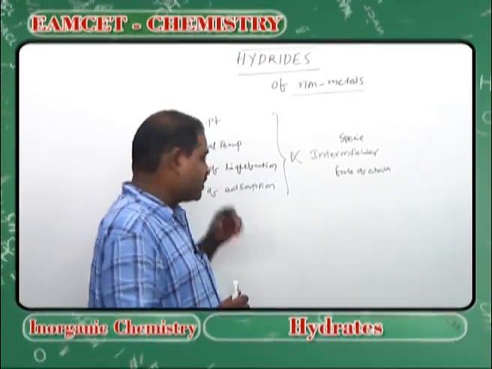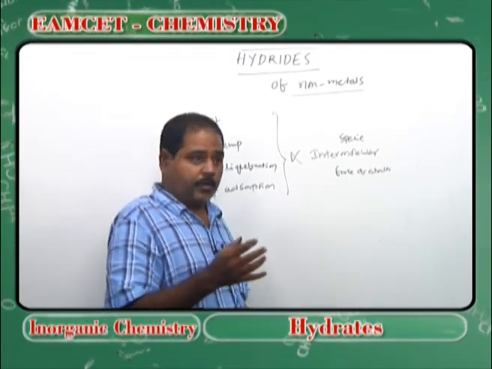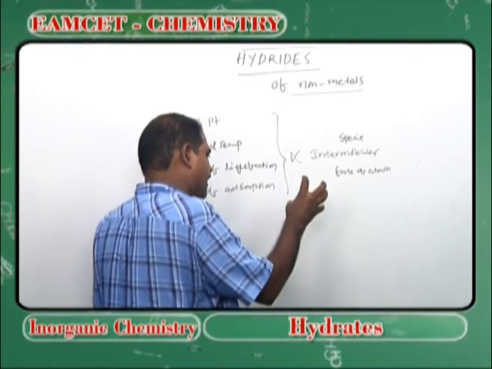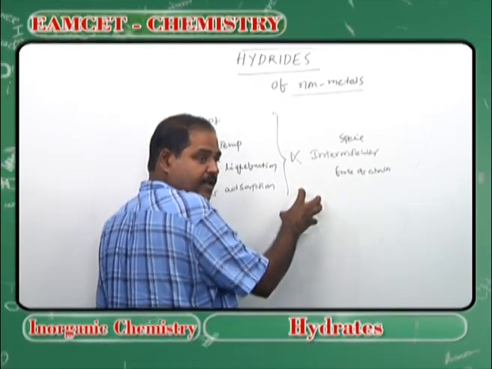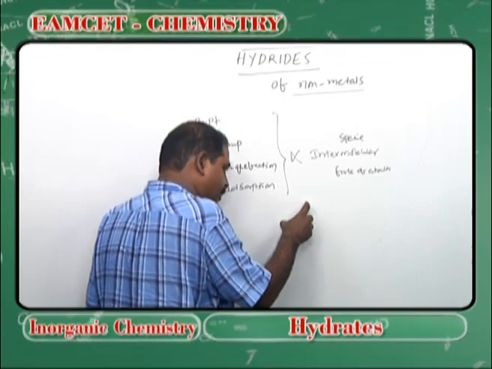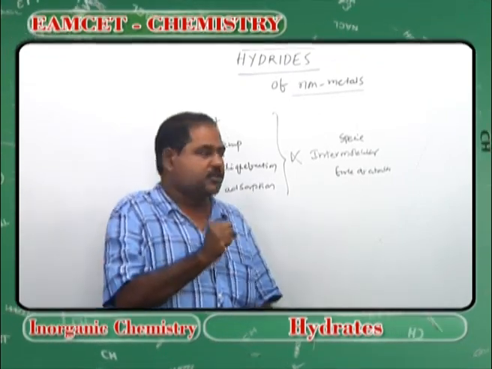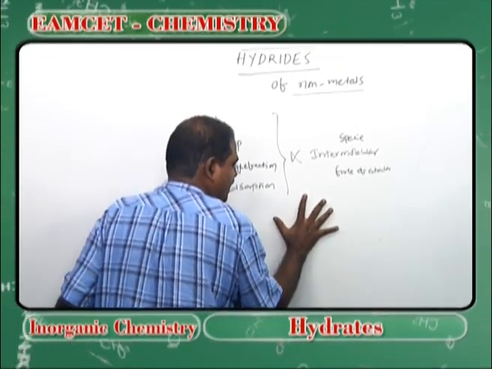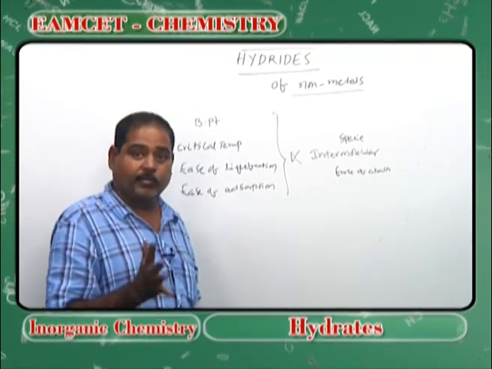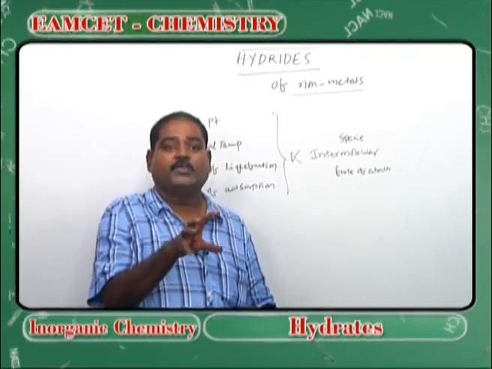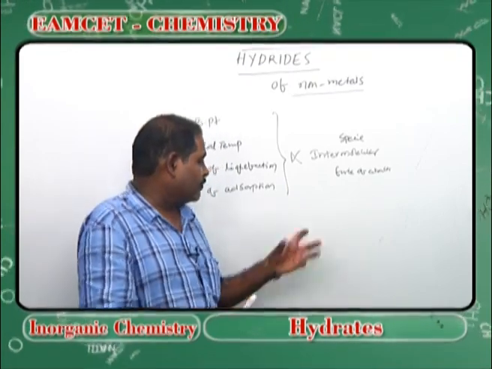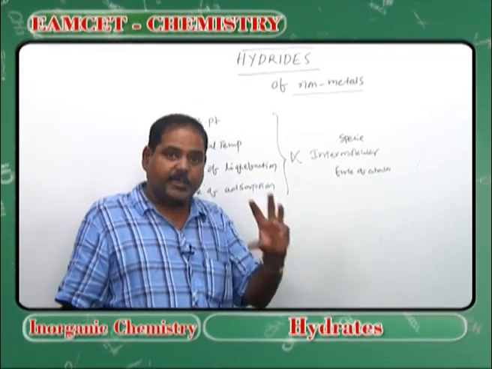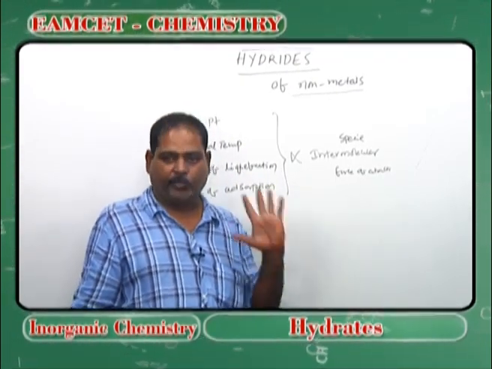Similarly, what is adsorption? Molecules getting attracted by a surface, air molecules getting attracted by the surface and sticking to the surface. They should stick to the surface like this. They should not come out. So, if the molecules want to stick to the surface, there must be some intermolecular force between them. So, greater the intermolecular force, greater will be the boiling point.